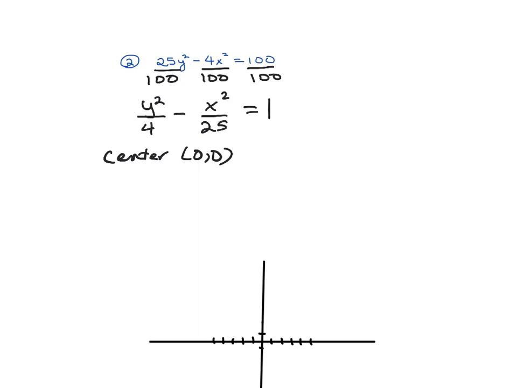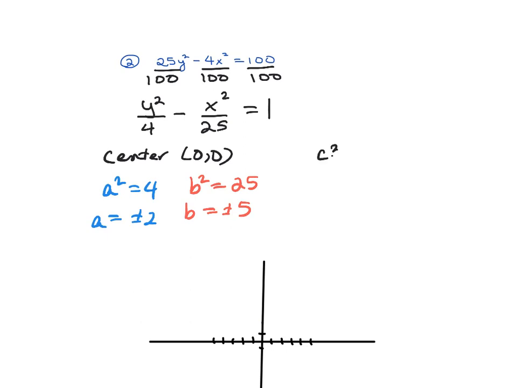Then the next thing I need to do is my a squared, remember, is always first. B squared is always second. I need to square root the 4. I need to square root the 25, sorry, and I get 5. So now I need to find my c value.